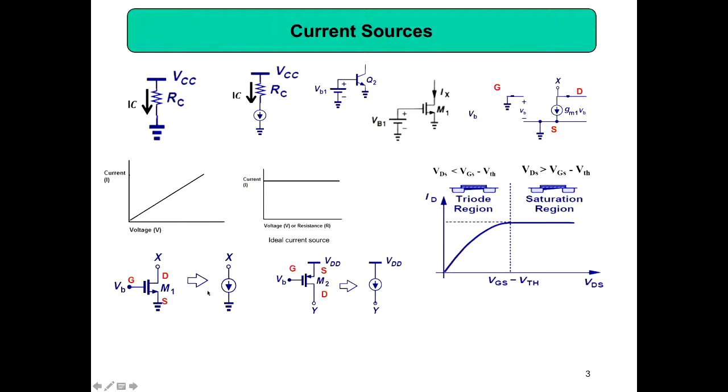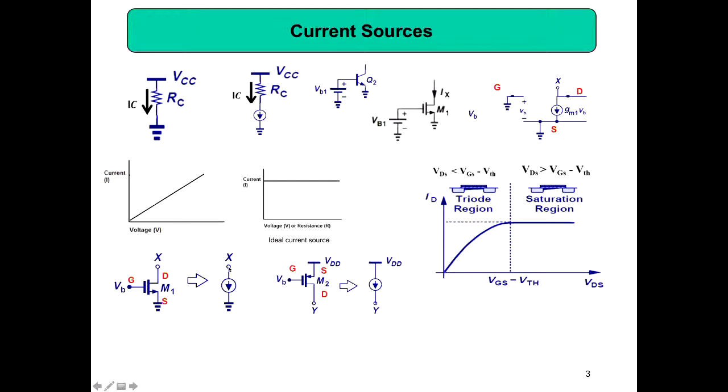But for PMOS, you can see the arrow is coming from here, pointing to Y, starting from VDD, whereas this one is starting from X to the ground. So point X to the ground, but when it is PMOS, it is from VDD, and this is the direction, coming to point Y. So my question is, these both are current sources, but what is the difference between this current source and this current source?